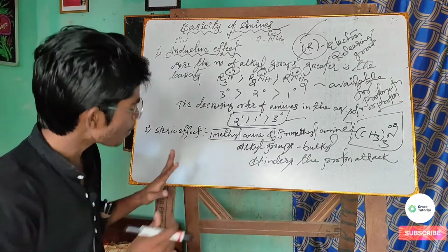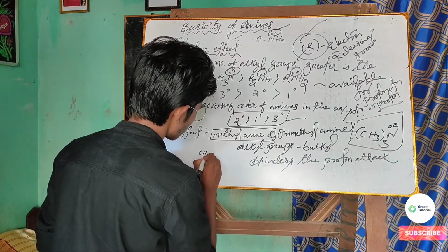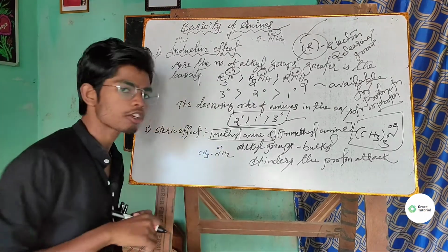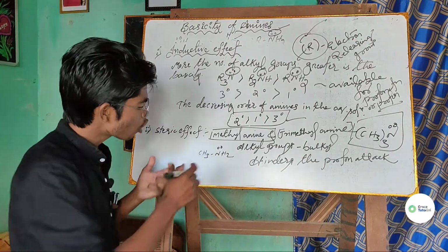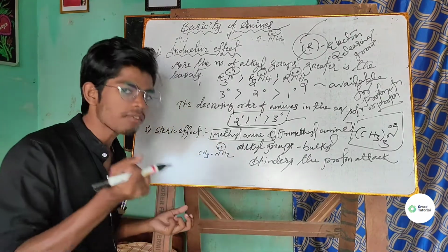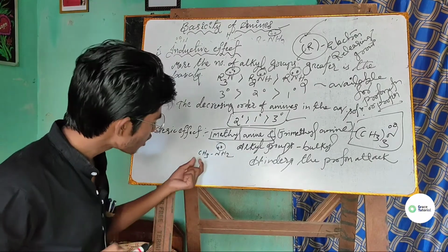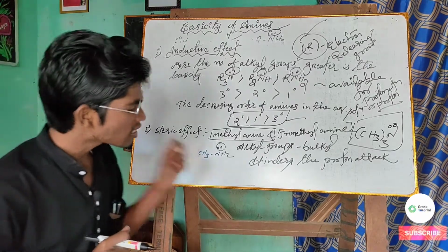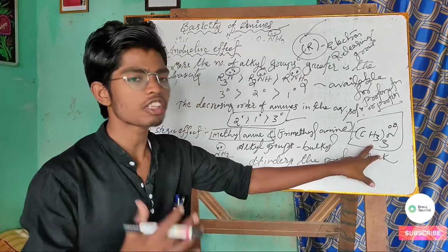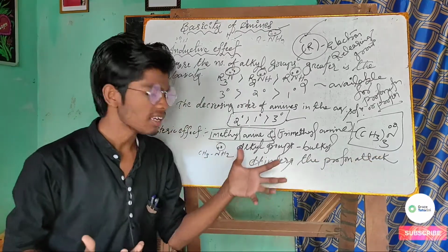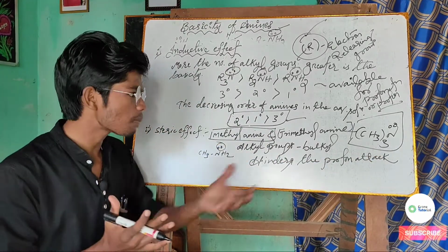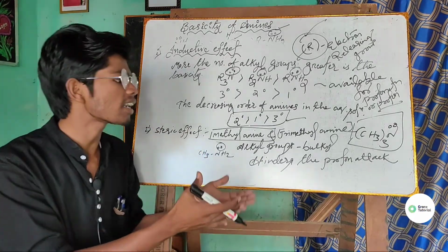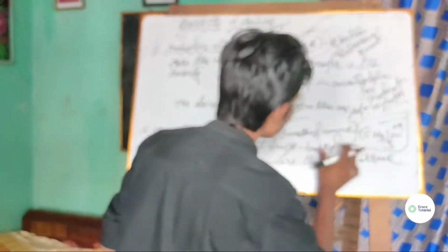But if you look at methylamine, here also it has a lone pair of electrons, but this lone pair will be easily available for the proton attack, because it has only one alkyl group, only one bulky group. In trimethylamine, the three bulky groups hinder the proton attack, so there is little chance of proton attack taking place.